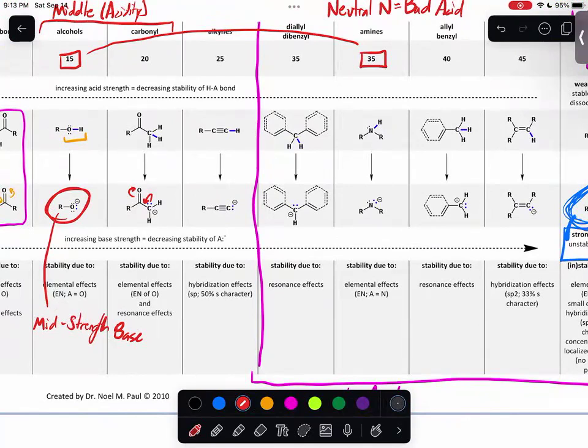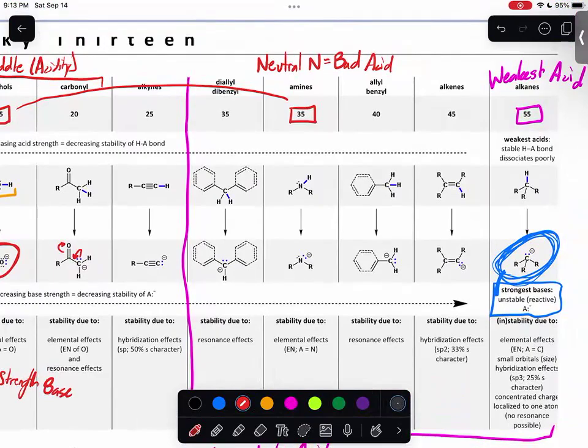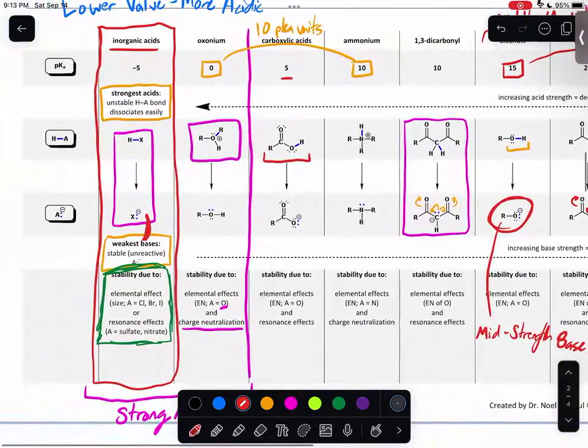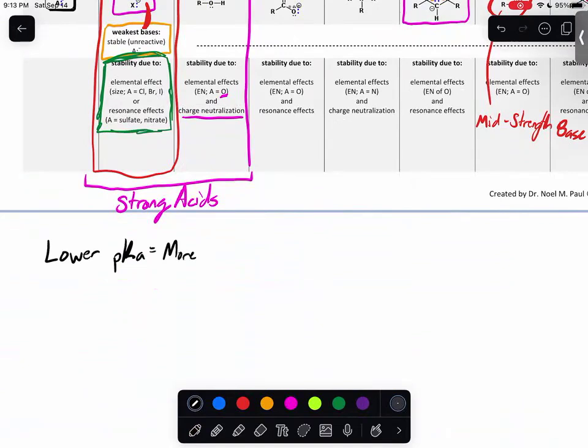All right. So what I want you to glean from this chart whenever you look at it is first of all, start to get an idea of what these pKa's are and what the ranges that they sit in are. They're all within increments of 5, so it's pretty easy to keep in mind. But then the other thing that we want to pay attention to is, as I said before, a lower pKa means that it is more acidic, right?